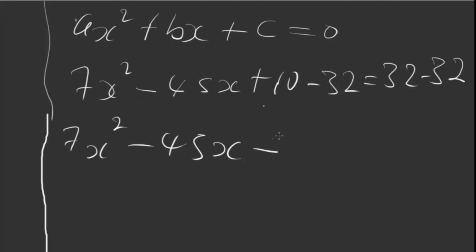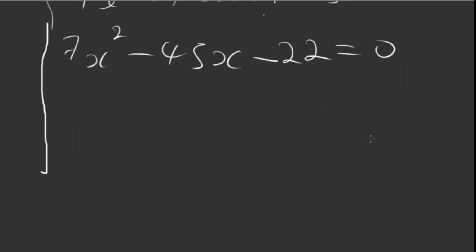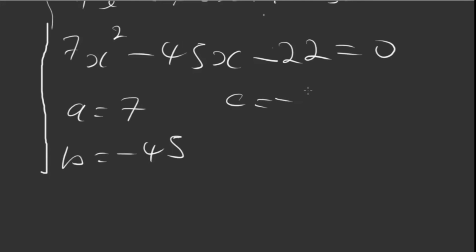Minus. Now we are in the form that we wanted. So in this, our a is equal to 7, and b is equal to minus 45, and c is equal to minus 22. Don't leave out the signs.